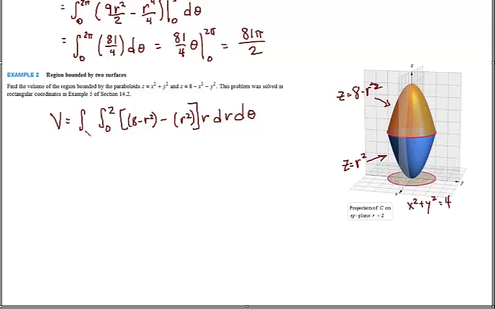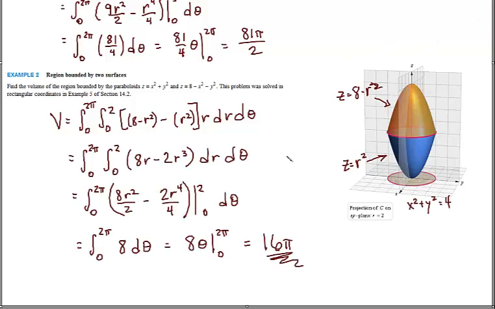My limits of integration on theta are 0 to pi. I'm going to simplify this a little bit and integrate my first integral. I got carried away and went ahead and finished it anyway. I did my simplification, then integrated, plugged in my limits of integration and integrated again, and this volume is 16 pi, which is what we should have gotten in example 5 of section 14.2.